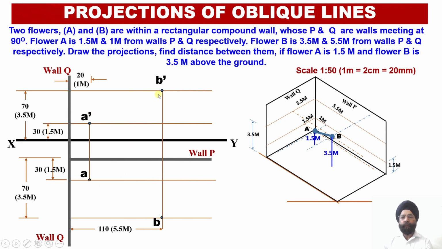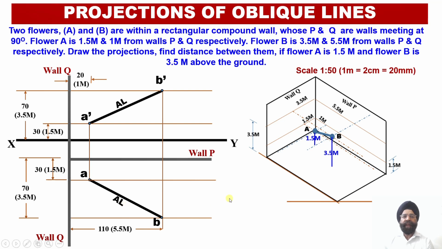So the front view projections I need to join, and I also need to join the top view projections over here. We have joined these projections with black line, which represents the apparent length projections of this particular string, which is going to join flower A and flower B. And these are apparent length projections which we have been able to obtain.